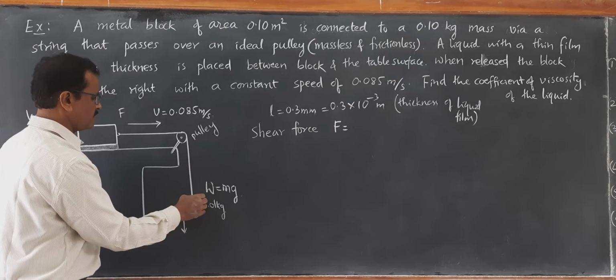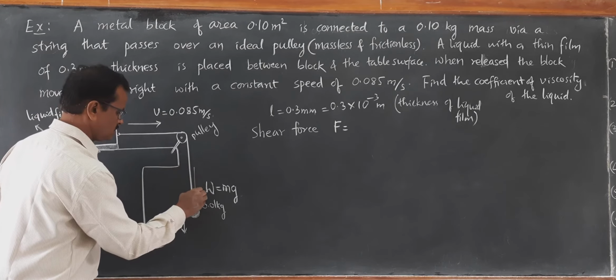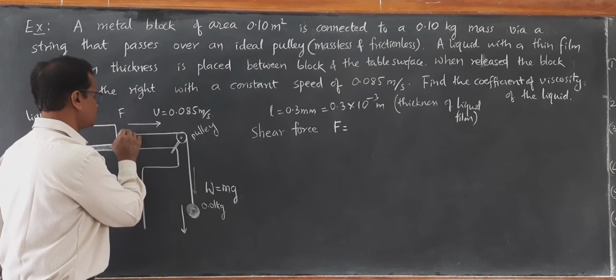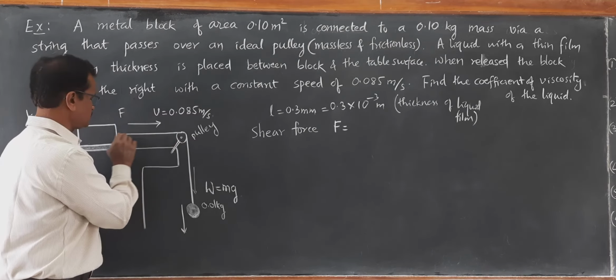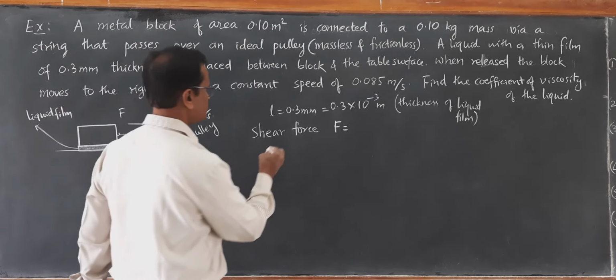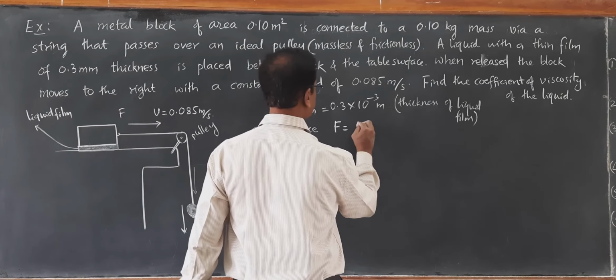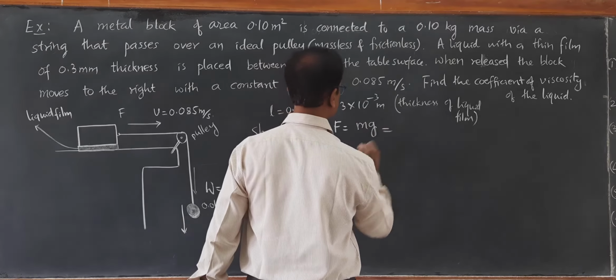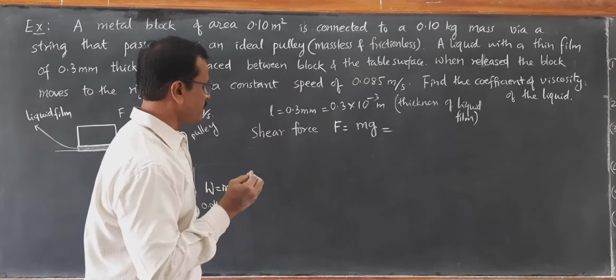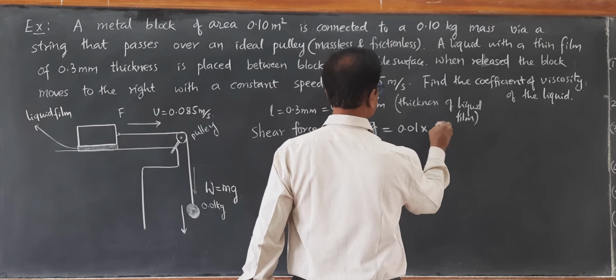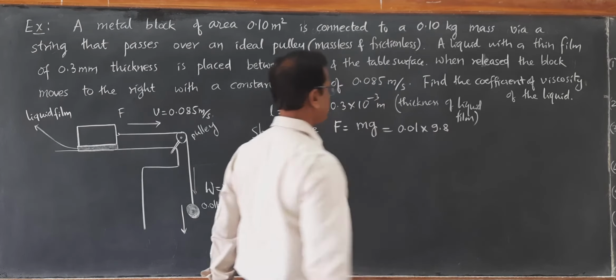This weight pulls vertically downwards, which is again exerting a tangential force. The force exerted on the block is exactly equal to the magnitude of the weight. Shear force is equal to the magnitude of the weight, M into G, that is mass 0.01 kg into acceleration due to gravity 9.8.